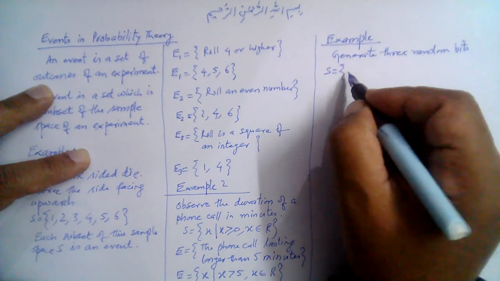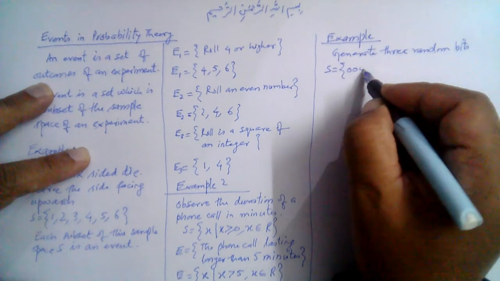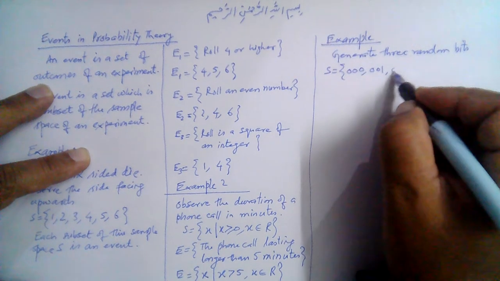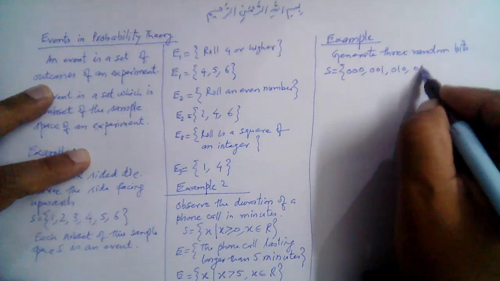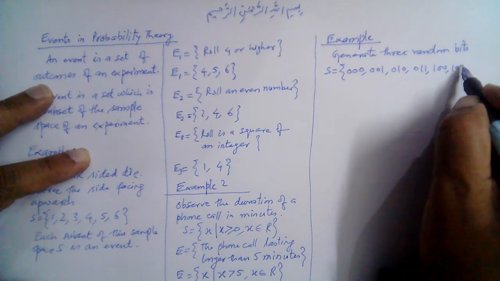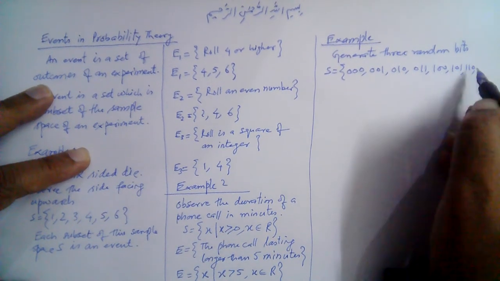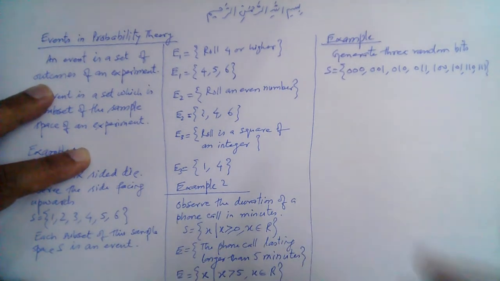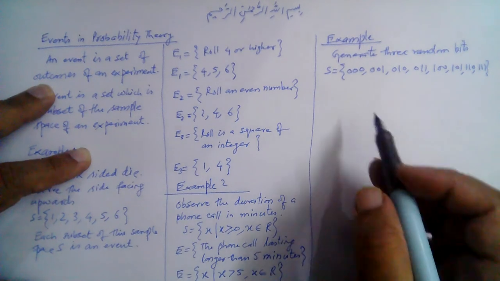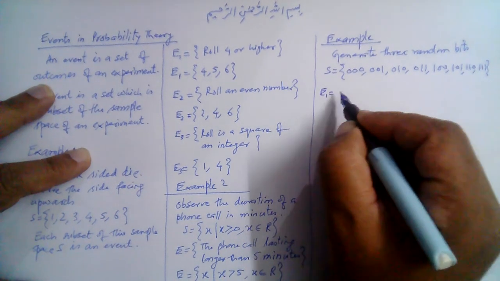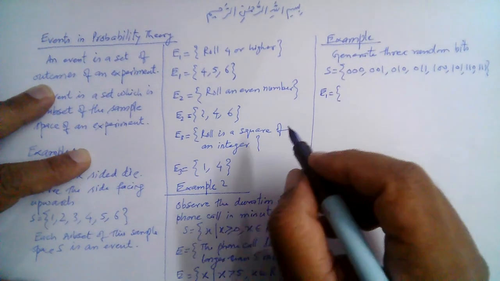For example, 0 0 0, it could be 0 0 1, right? Then 0 1 0, 0 1 1, 1 0 0, 1 0 1, 1 1 0 and 1 1 1. So these are 8 possible outcomes, right? So this is the sample space.